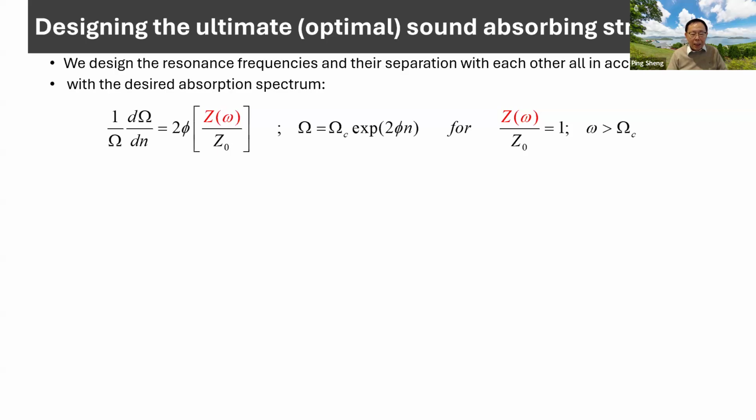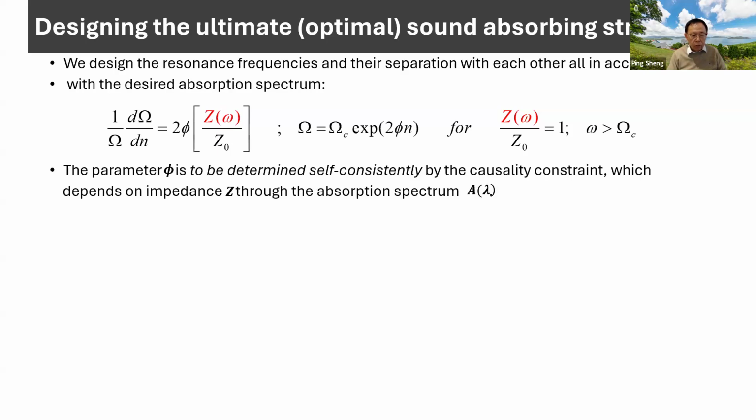And here N is essentially, we can substitute back the discreteness of N, and we can have the exponential distribution of the resonance frequencies for the resonators. And from that, we can determine the length of the resonators from the quarter wavelength condition. But here phi is still undetermined, okay? That can be determined self-consistently, again, by the causality constraint.